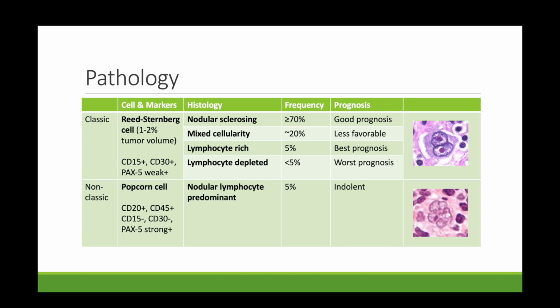It is CD15 negative and CD30 negative, but it is CD20 and CD45 positive, and PAX5 is usually a strong positive. So the nodular lymphocyte predominant B-cell lymphoma is treated like an indolent B-cell lymphoma, and the treatment paradigm is totally different than for classic Hodgkin lymphoma.